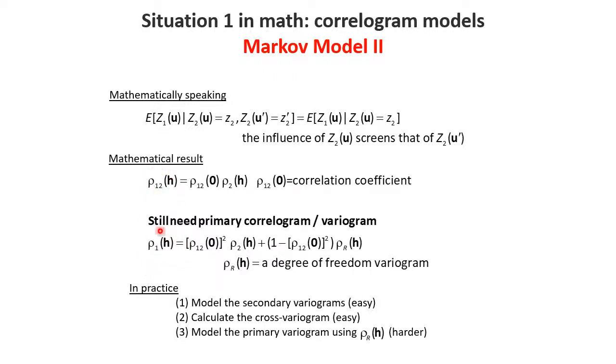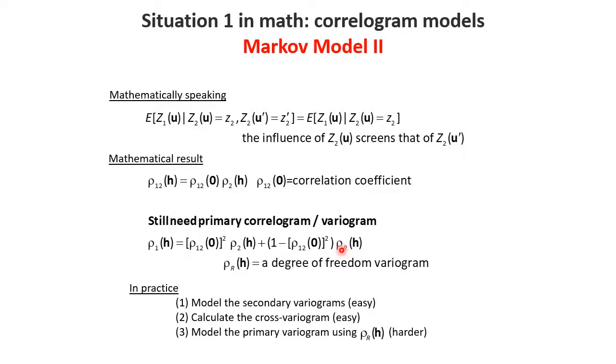What I also need, of course, is the primary variogram. The secondary variogram I don't need in the Kriging equations because I only have one secondary data, so I don't have to worry about secondary data that are correlating with each other. So our primary variogram will be written as a function of the secondary variogram times the correlation coefficient plus a second term, which is a residual term.